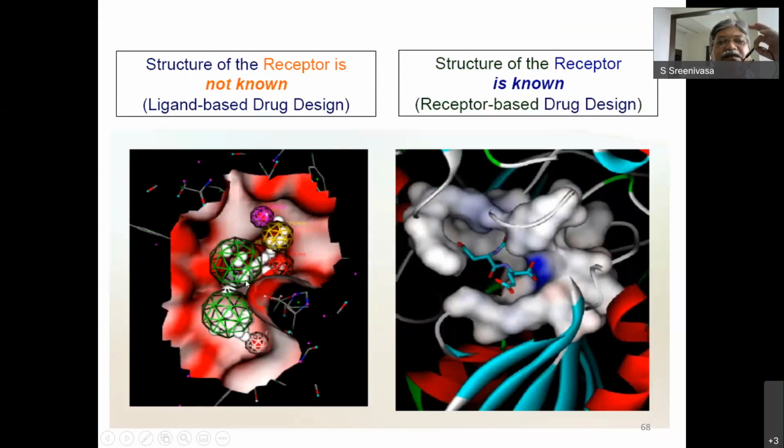This is a drug molecule which is useful to the human being as a medicine, but I am unable to identify the receptor. Here we know the receptor as well as the drug. So the binding will be taking place, the interaction will be there. This interaction shows that the molecule will bind to the protein properly.